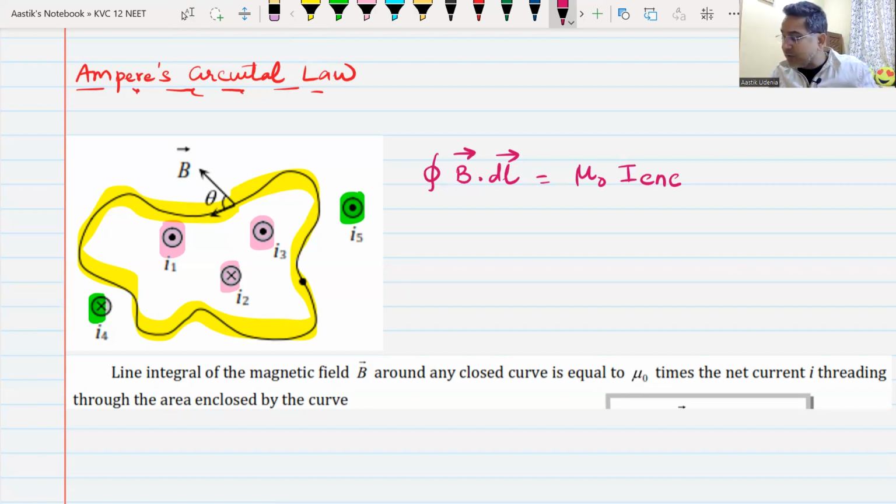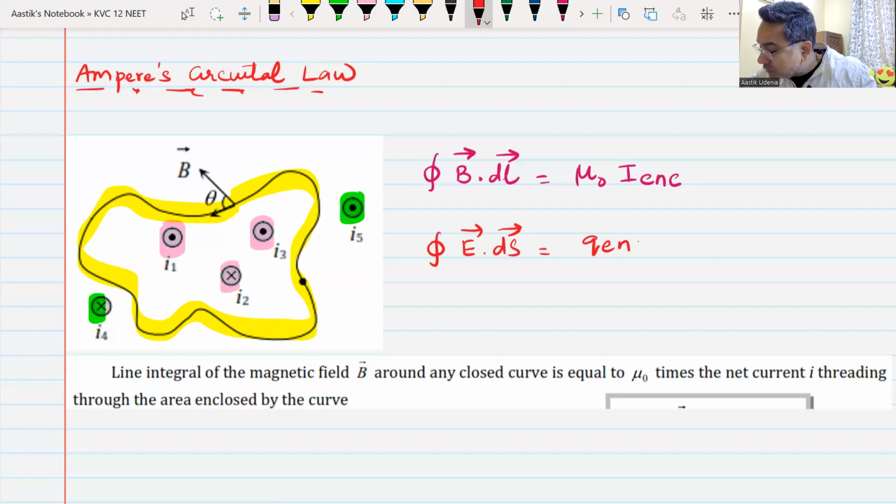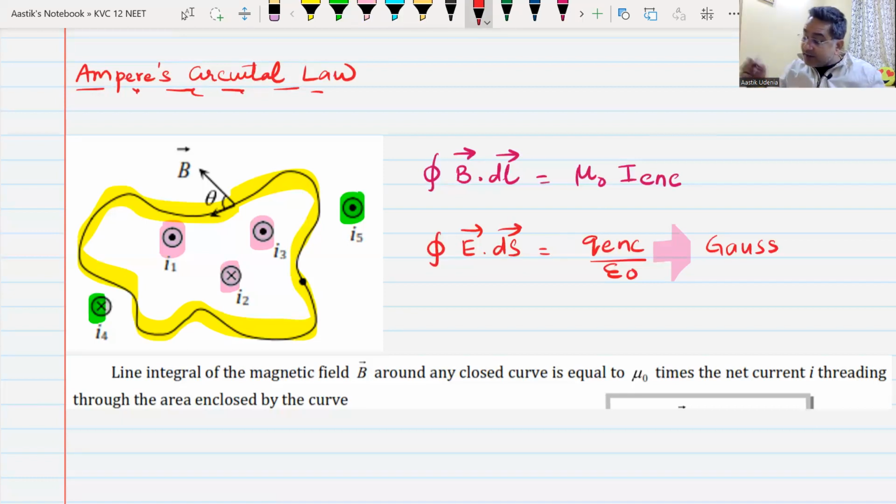And this law looks like something that we had already seen. The surface integral of the electric field was charge enclosed divided by epsilon naught. If you recollect, this was Gauss law. Do we remember this was Gauss law? And the one that I have written is known as Ampere's circuital law.